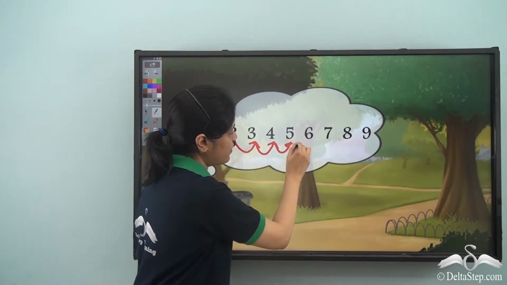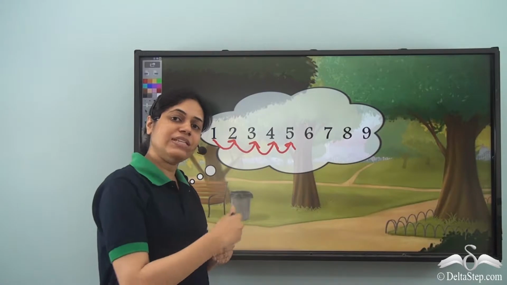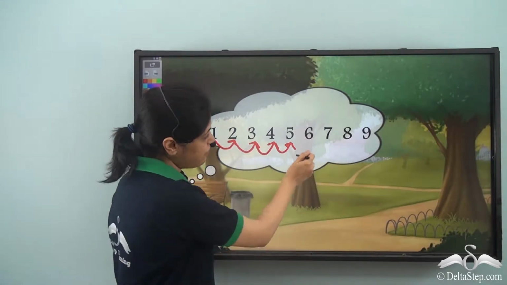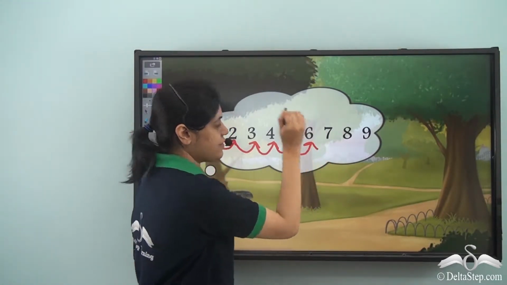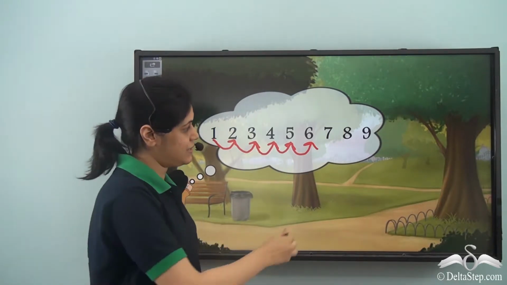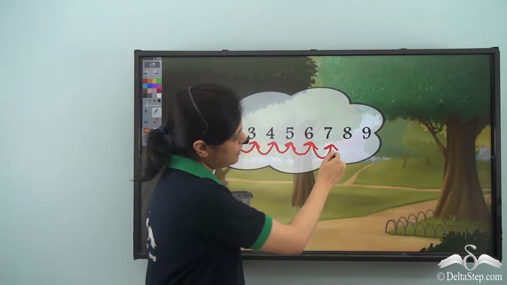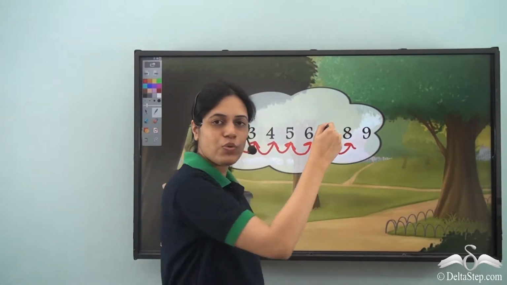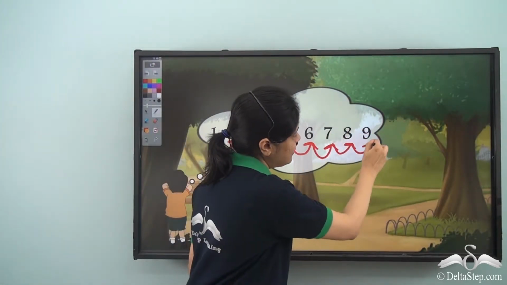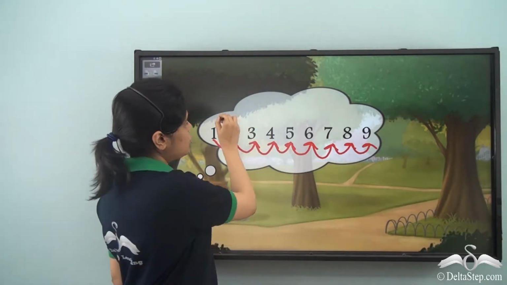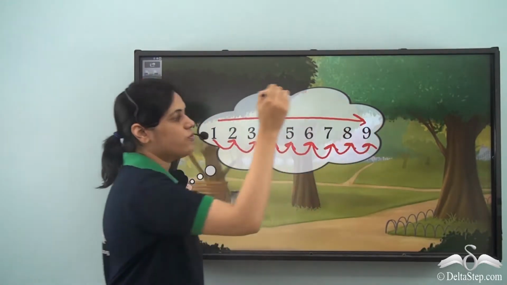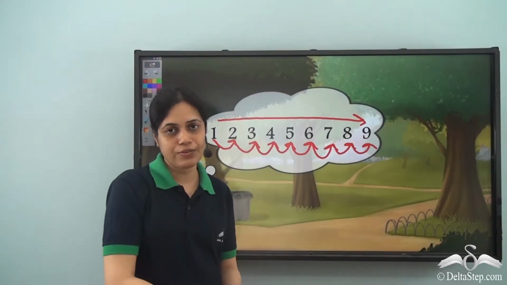From 4, again we move one step forward to 5. From 5, we move to 6. From 6 to 7. From 7 to 8 and then 9. So we keep on moving one step forward.